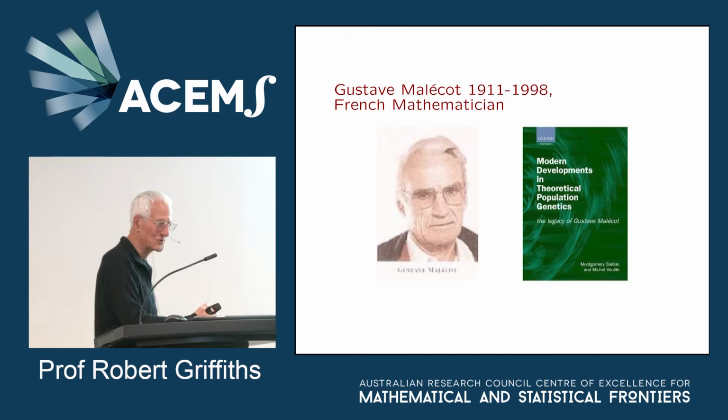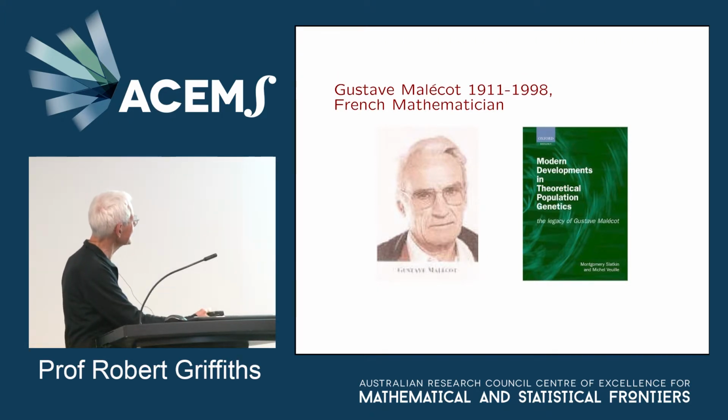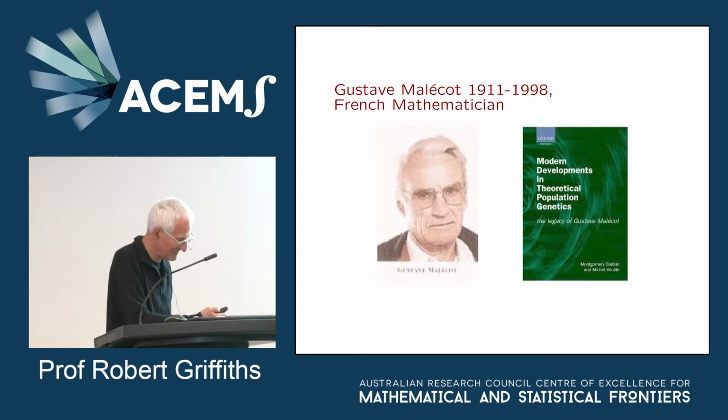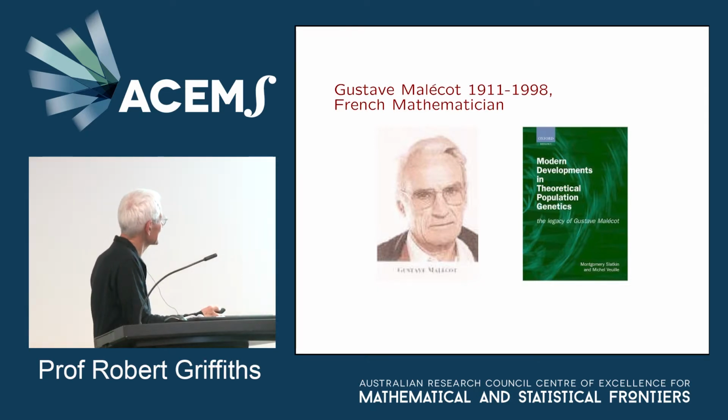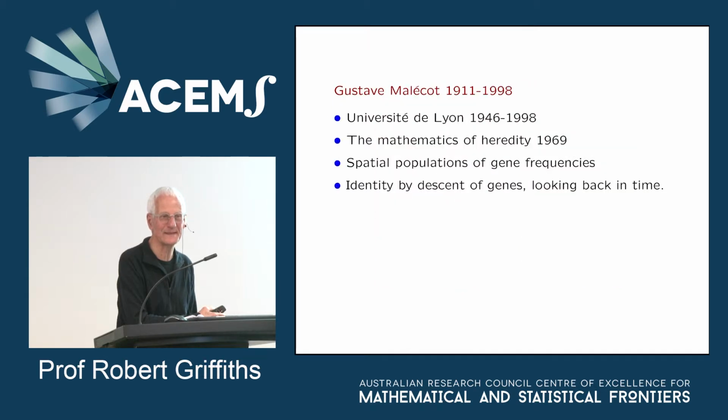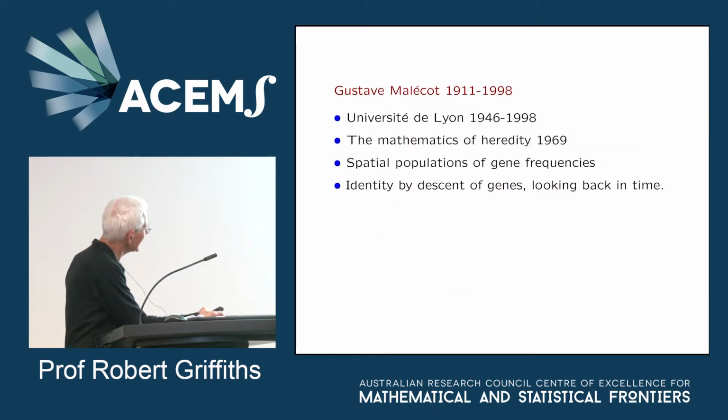This is a historical kind of overview that I'm giving. Malécot here is a French mathematician, and here is a book that was from a conference in his honour. But what Malécot did was to look back in time, and that was an important step, I think. So he was interested particularly in spatial populations of gene frequencies and identity by descent of genes.